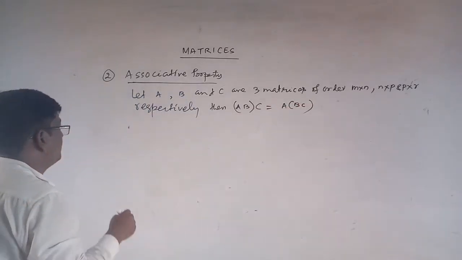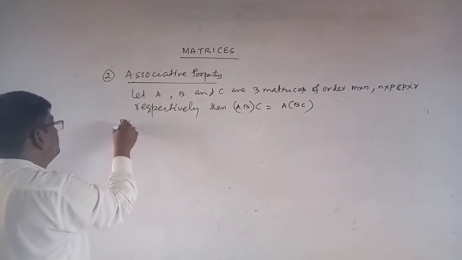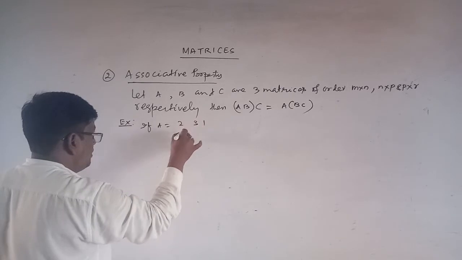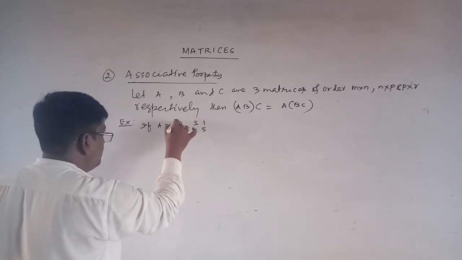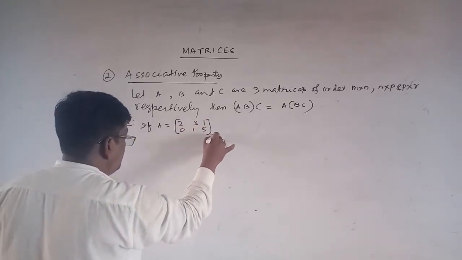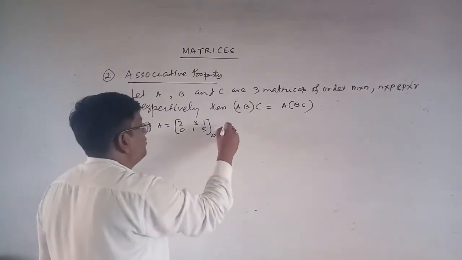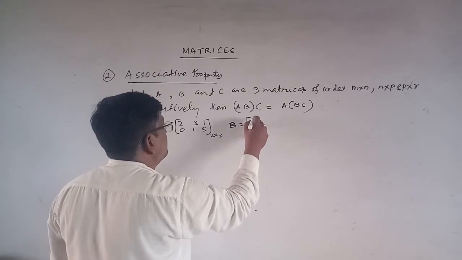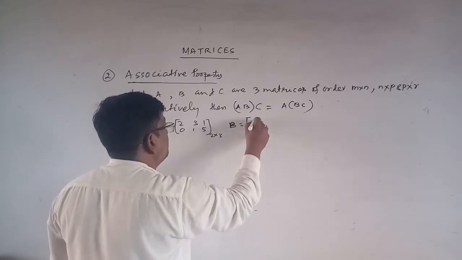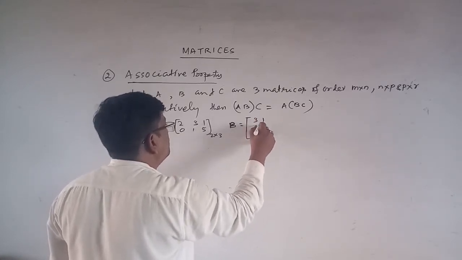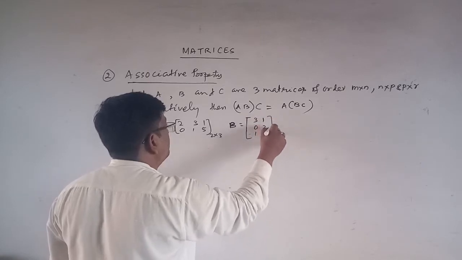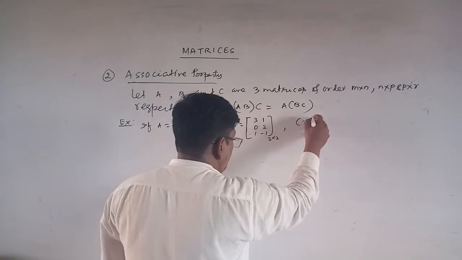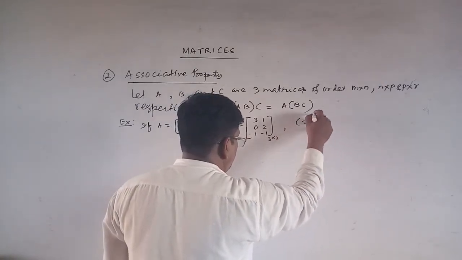Okay, now one example. If A is equal to 2, 3, 1, 0, 1, 5, that is, whose order is 2 by 3, and B is equal to 3, 1, 0, 2, 1, minus 1, this is 3 into 2, and C is equal to 1, 1, 2, 0.